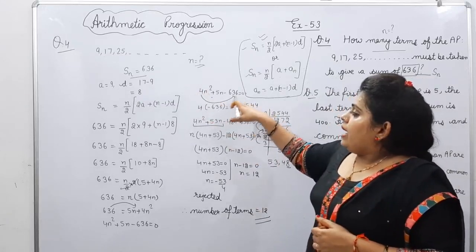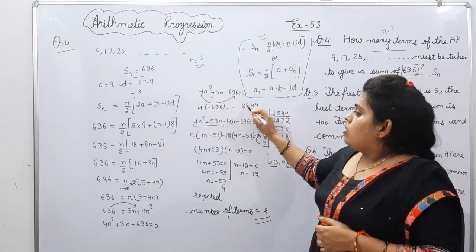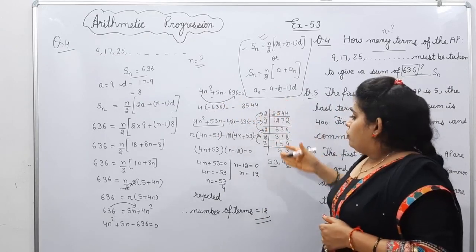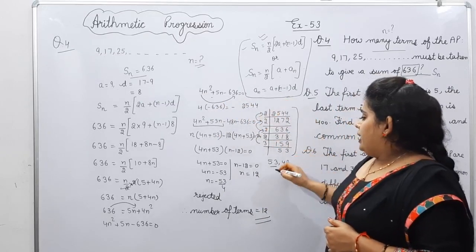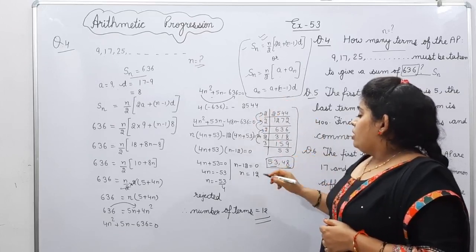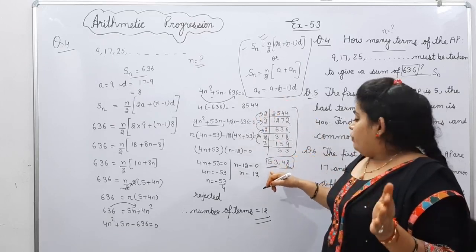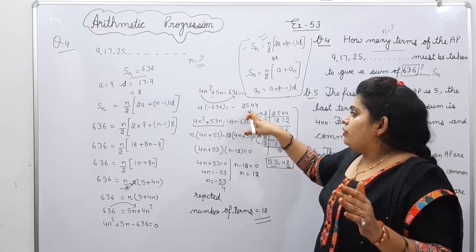When I am multiplying these, what I am getting? Minus 2544. On doing factorization, I get factors. Means on multiplying 53 and 48, we will get 2544.